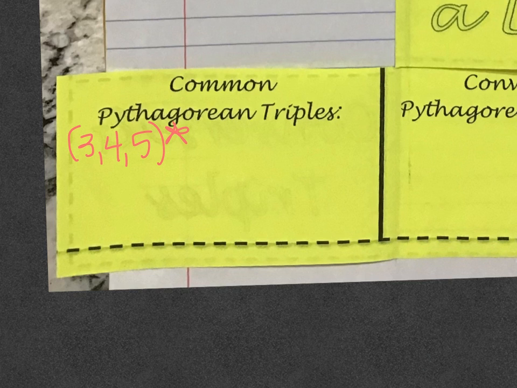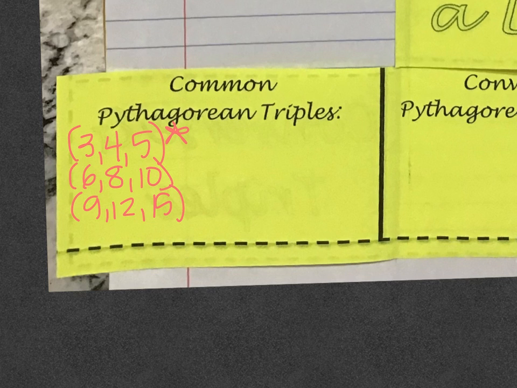This is our basic one, and we can build off of this. Multiples of 3, 4, and 5 combined together would make a right triangle. So for example, the next combination would be 6, 8, and 10. Then I could do 9, 12, 15, and so on. I could keep doing the multiples of 3, 4, and 5.